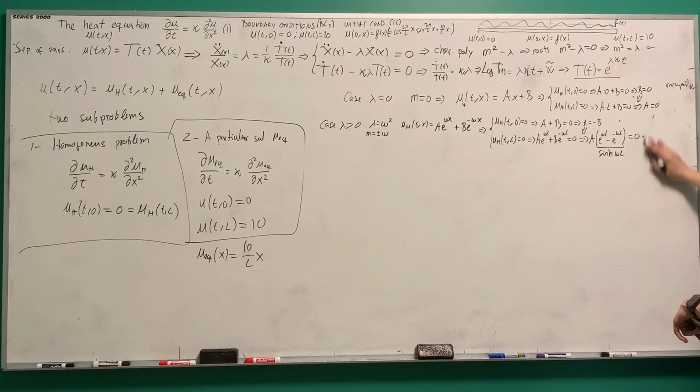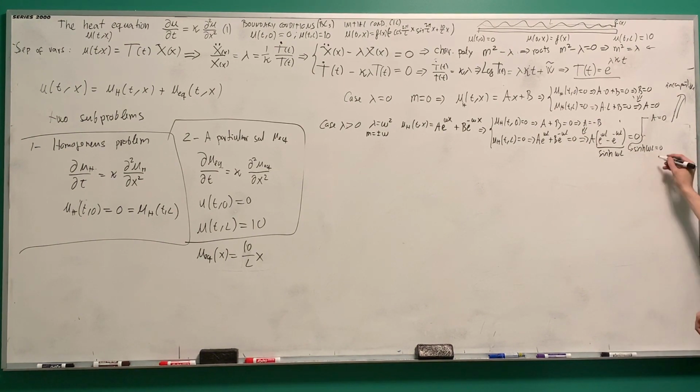We have, well, two options first, if you want to nest it like that. Option 1, A equals 0, but then B is equal to 0, which is the trivial solution, also incompatible. It's the same as before. The other option is that the sinh of omega L equals 0.